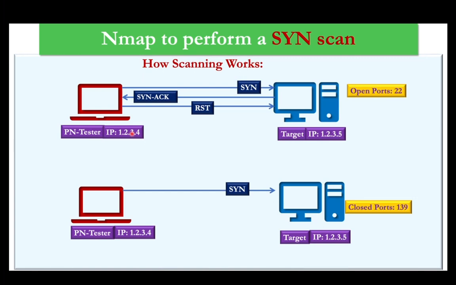But instead of receiving a SYN/ACK back, an RST is returned from the target. That settles it, the port is closed, and no more communication regarding this port is necessary.